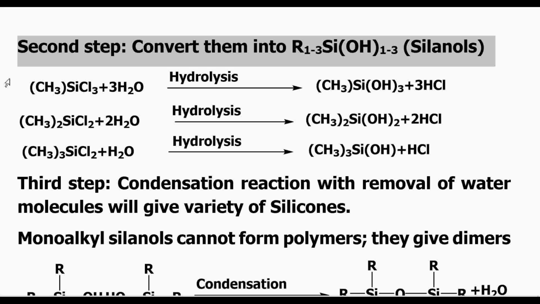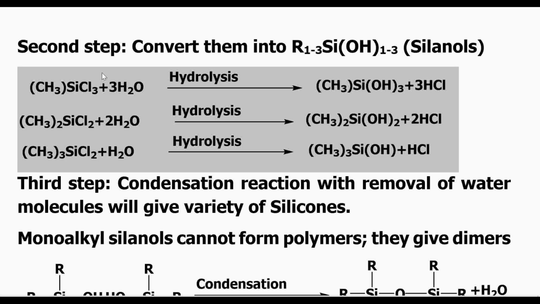If you take methyl silicon chloride and react it with 3 moles of H2O, then upon hydrolysis you get methyl silicon trihydroxide, known as monomethyl silanol also, along with 3 molecules of HCl as the byproduct.